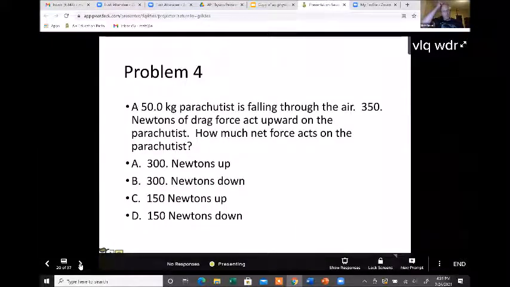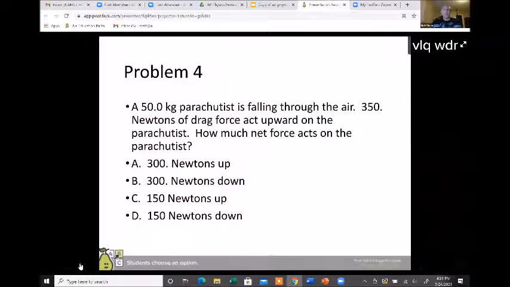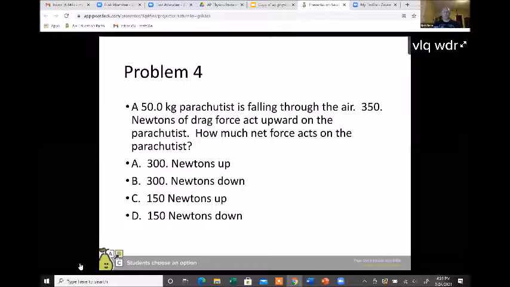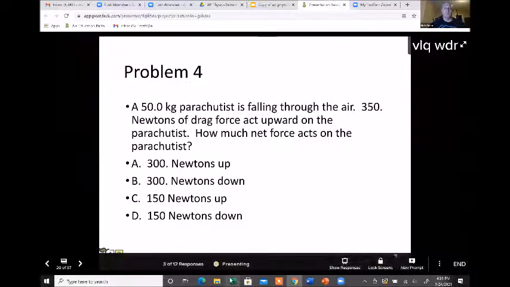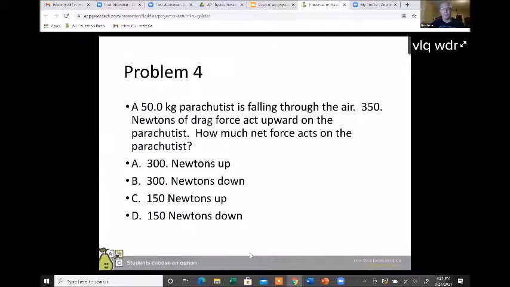All right, so problem 4, similar kind of thing. Go ahead and see if you can come up with an answer on this one. Think about a free body diagram for the parachutist, and that should help you.